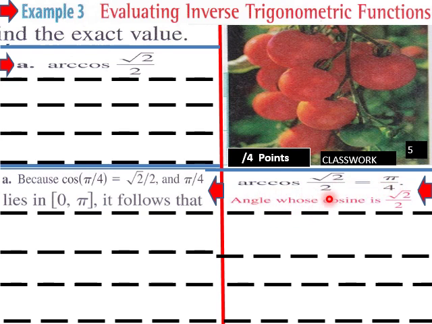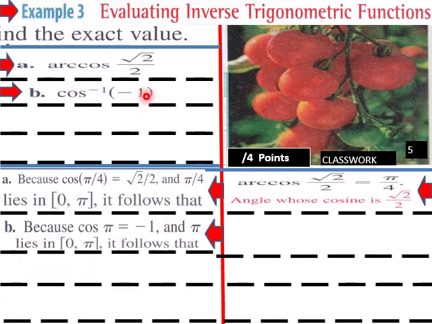So pi over 4 is the exact value, the angle whose cosine is square root of 2 over 2. And then cosine to the negative 1 of negative 1.